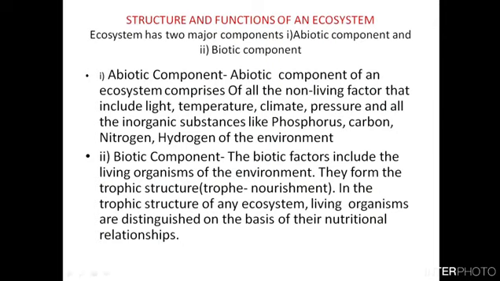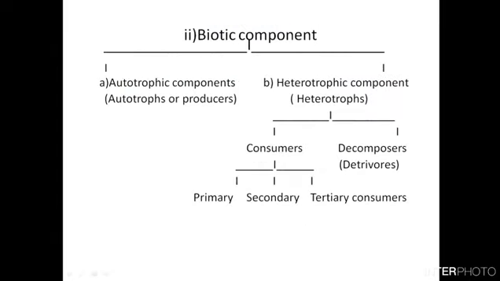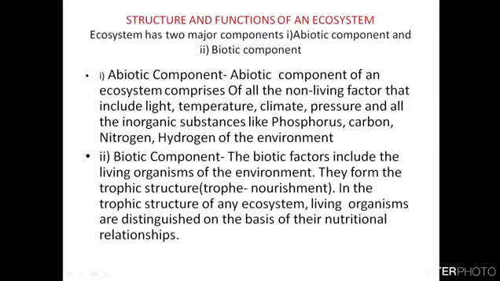So the biotic component is the living component of an ecosystem, whereas in abiotic, a means without, and bio means living, so this is the non-living component. So the two major components of an ecosystem are the non-living component and the living component.